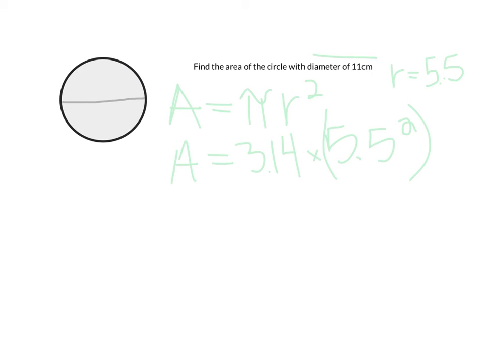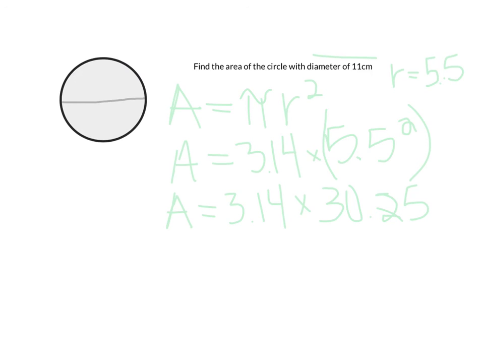No. So here A equals 3.14 times, and I'm going to do 5.5 squared. 5.5 times 5.5 equals 30.25.